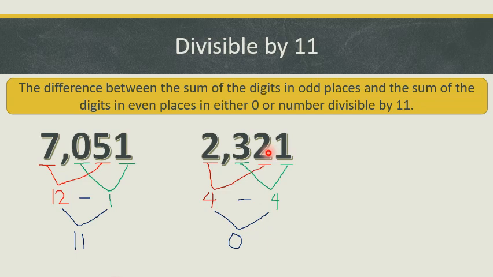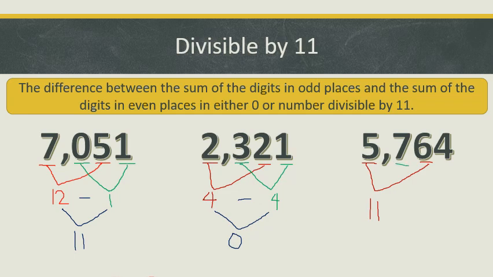So, pwede nyo siyang i-try na i-divide yung 2,321 sa 11 and wala siyang remainder. So, ibig sabihin, divisible siya sa 11. So, another example. So, ganun uli. So, yung first at saka yung third. So, 5 plus 6 is 11.